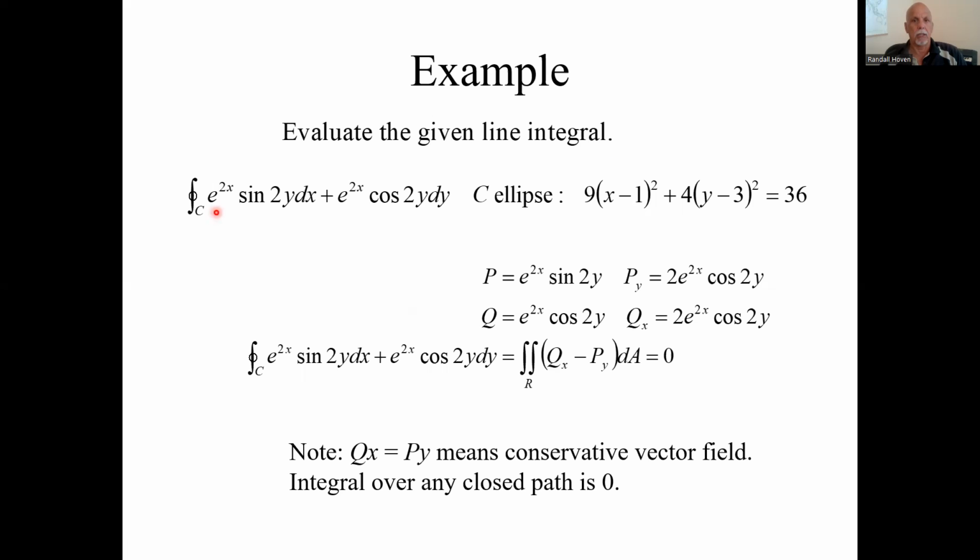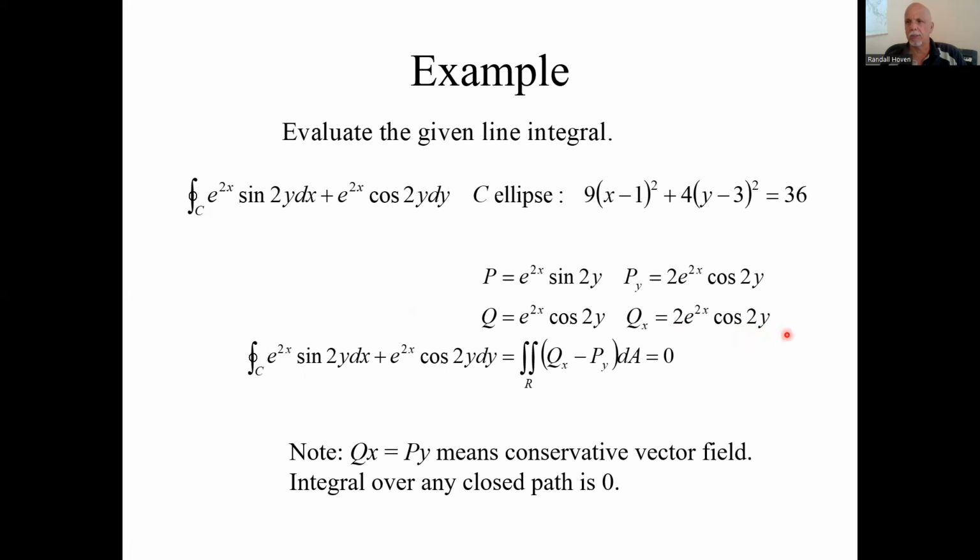How about this guy? Here's a work integral where the path is an ellipse. And let's defer this for now. Let's first just do our P's and Q's. Q with respect to x will be 2 e to the 2x times the rest of it. And P with respect to y will be 2 cosine.